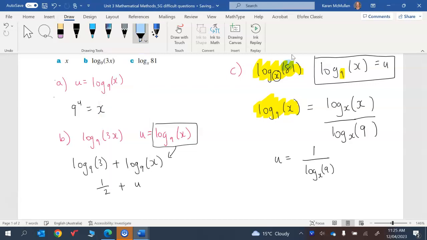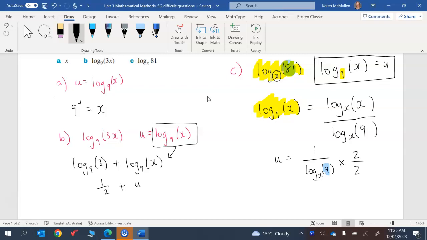We're halfway there, but we just want this 9 to look like 81. I know that 9 squared is 81, so to do that I basically need to multiply my denominator by 2. Knowing your log laws, with 2 times log base x of 9, I can shift that 2 to become the power of 9.